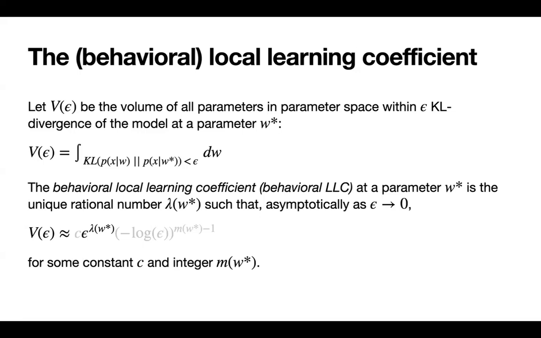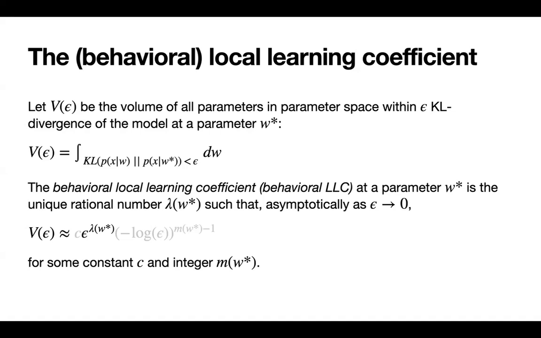And then the behavioral LLC is this unique number lambda of W star, where if I take epsilon to zero, it turns out that this volume goes basically proportional to epsilon to the lambda.